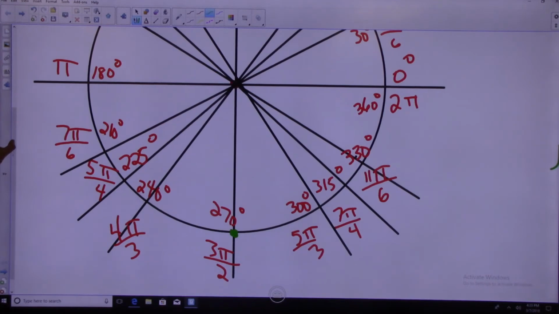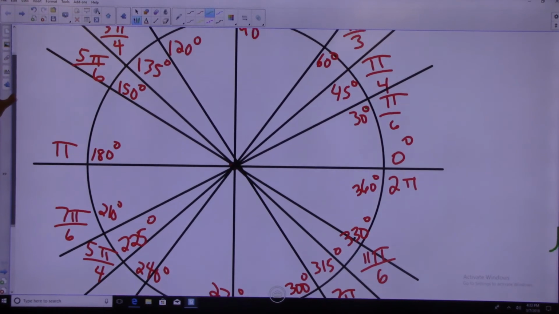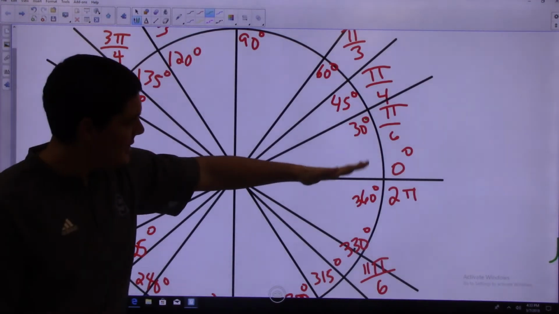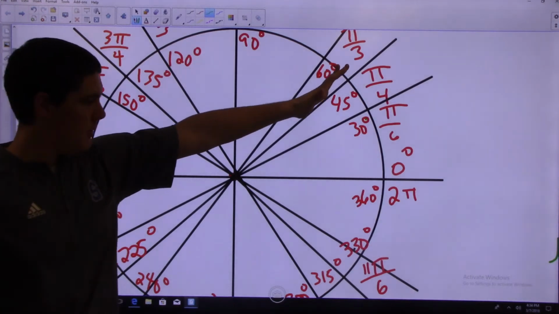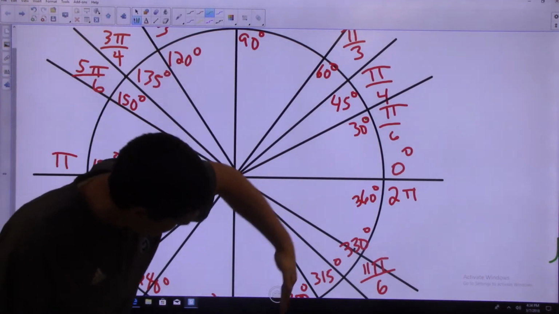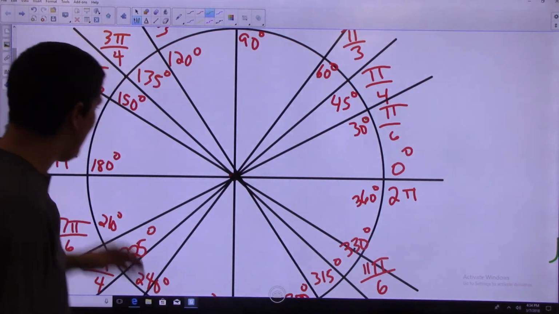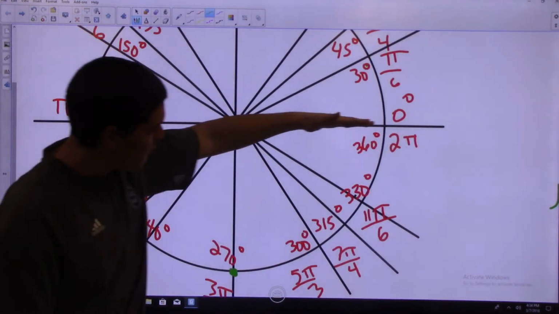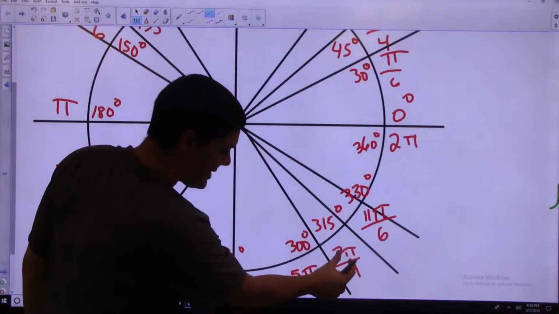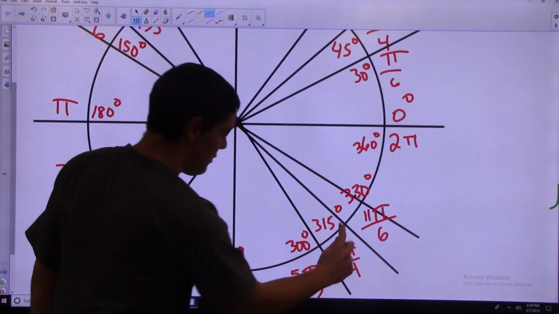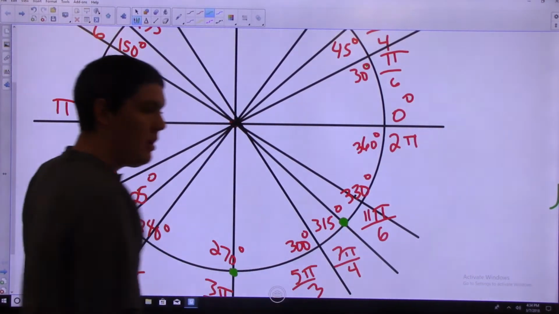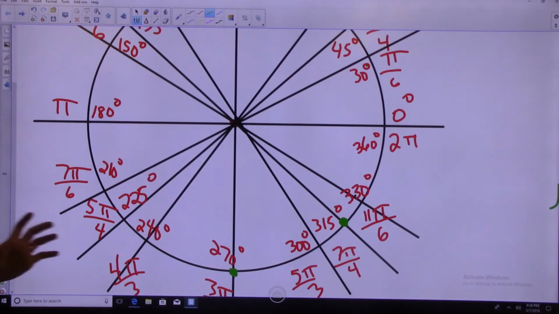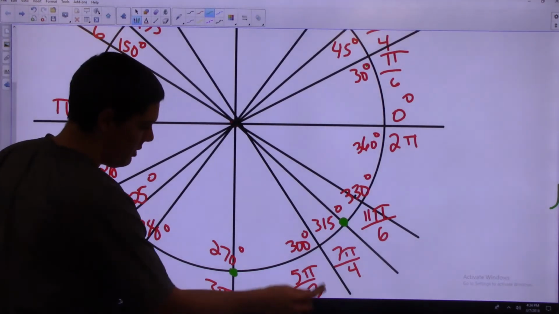So negative pi over 4, now again, instead of going this direction, pi over 4 radians, we want to go the opposite direction. We want to go clockwise. So if we only go pi over 4 radians, that's going to be the same position as 7 pi over 4. So this point right here.